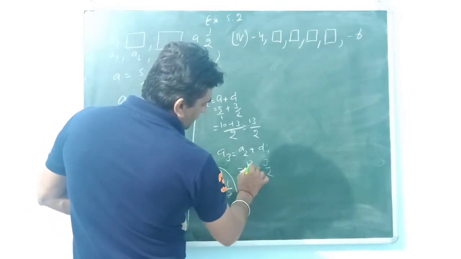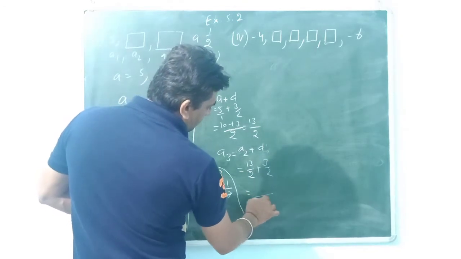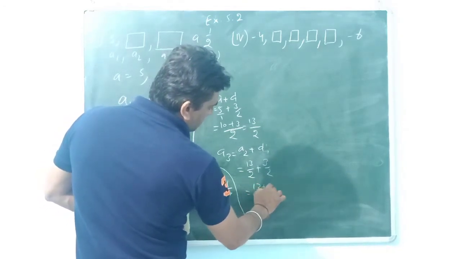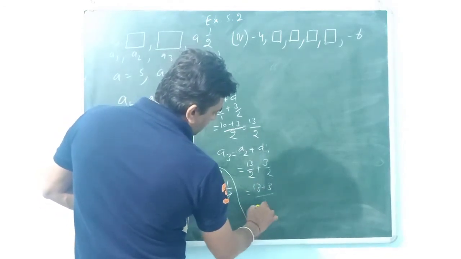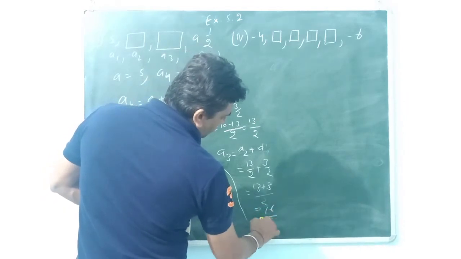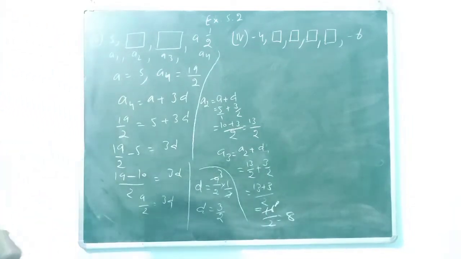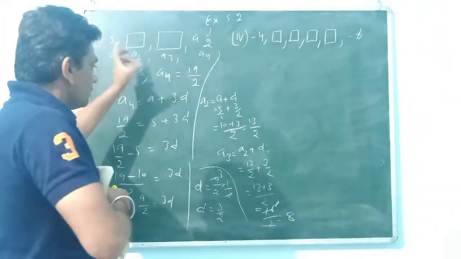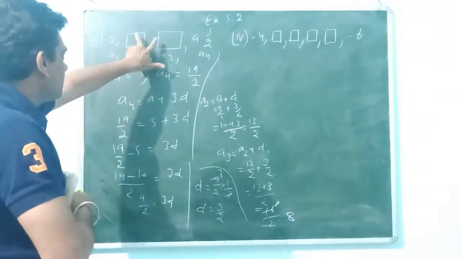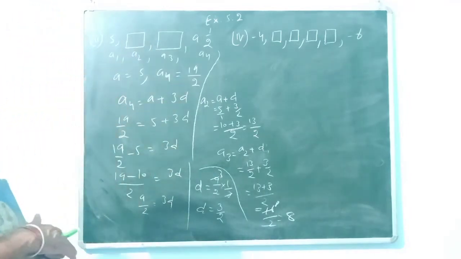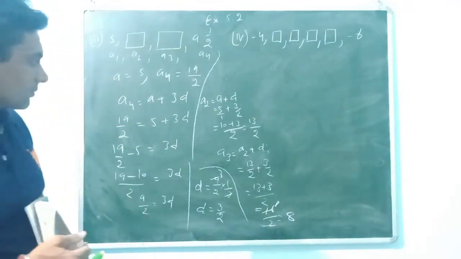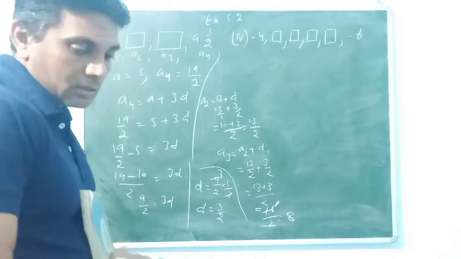This becomes 13 plus 3, LCM is 2, 16 by 2, which becomes 8. In this way you have to find the missing boxes in terms of the given ones. Move to part 4.